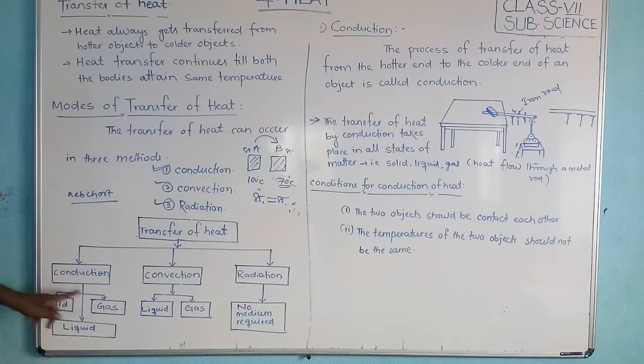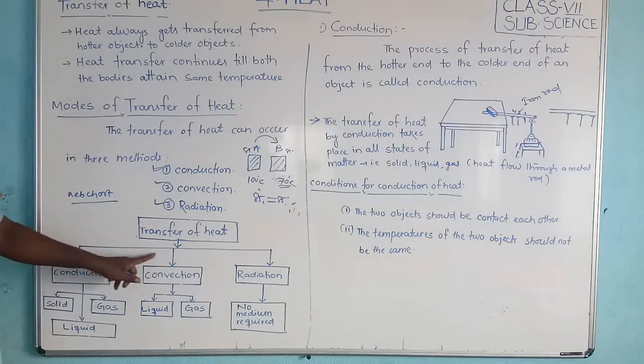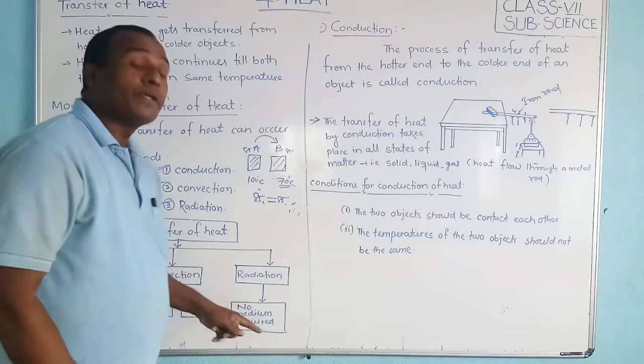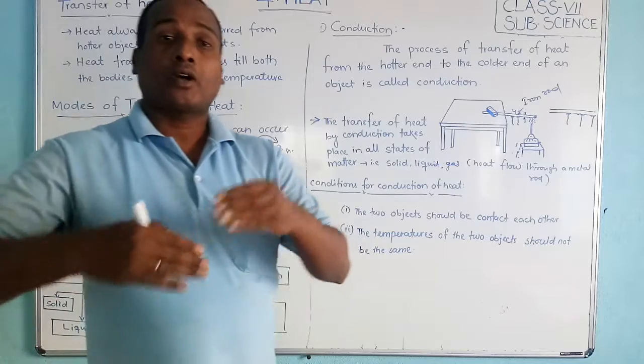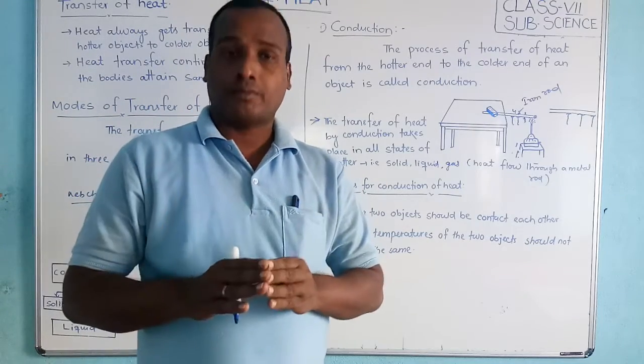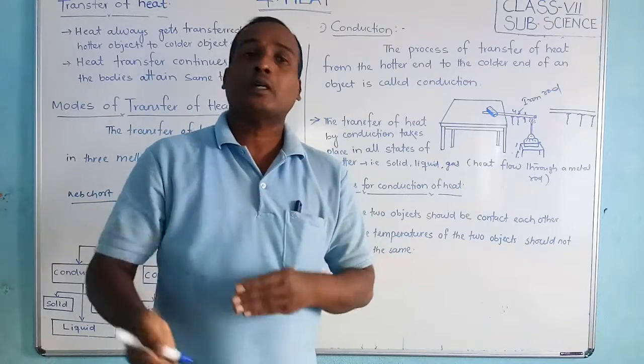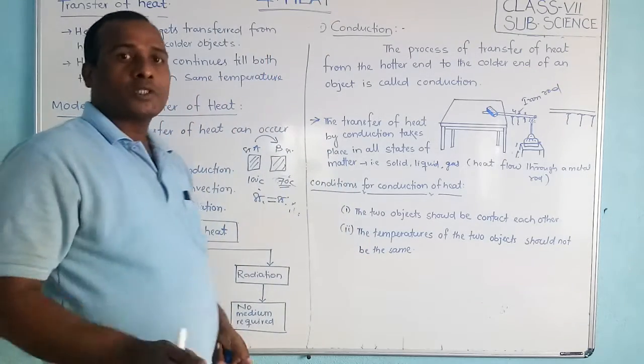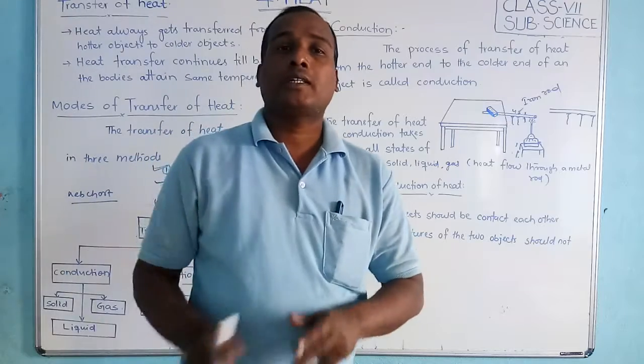Conduction can take place in solid, liquid, and gas. Convection is in liquid and gas. Radiation needs no medium; there is no need for a medium to transfer the heat. In convection, only liquid and gas are possible, but in solid it is not possible.